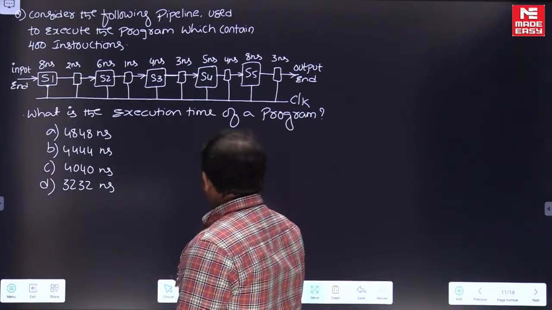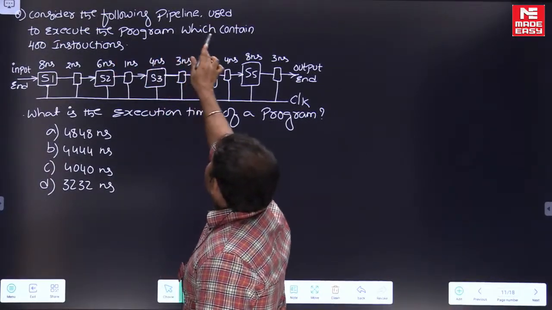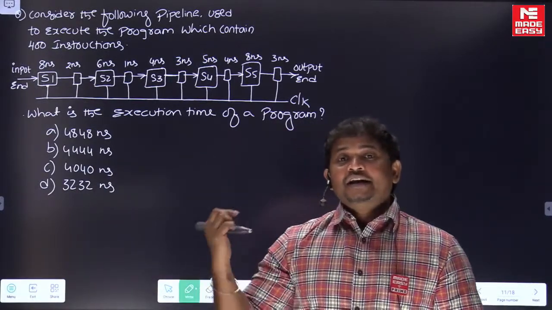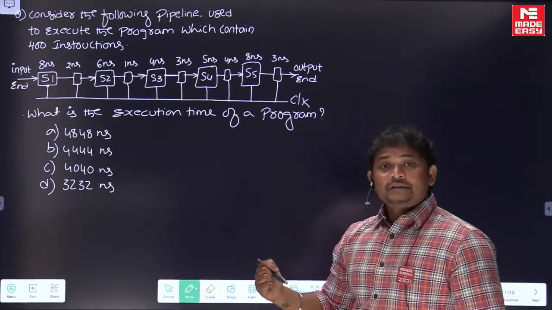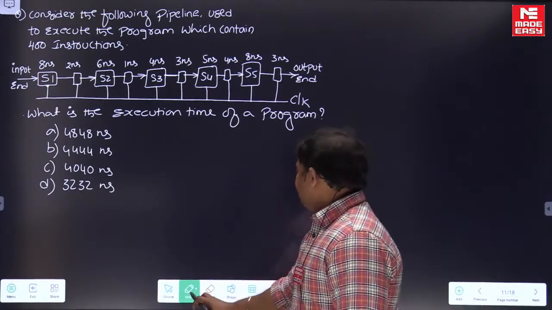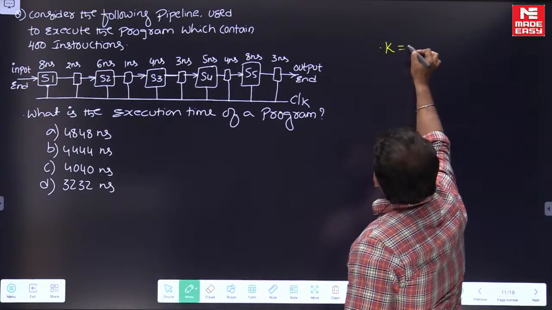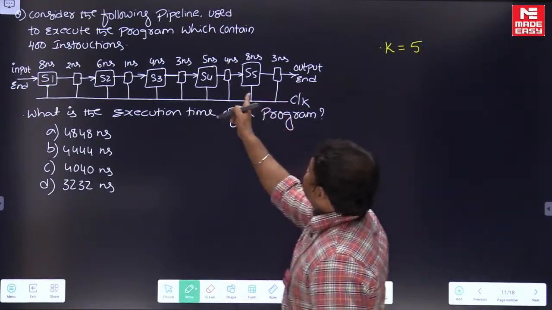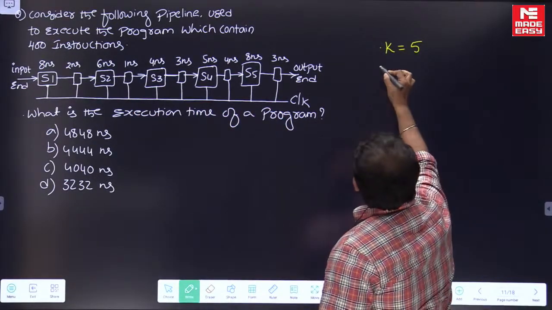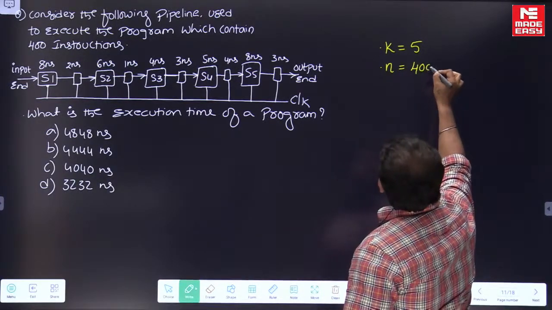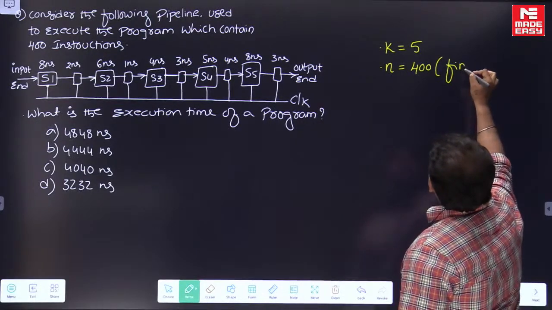Consider the following pipeline used to execute a program which contains 400 instructions. This is the pipeline given. Now, first, what is the K value? K is equal to 5, the number of stages. N is equal to how much? 400. 400 is a finite number.